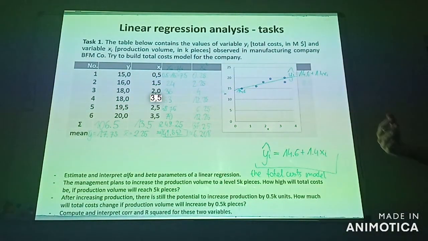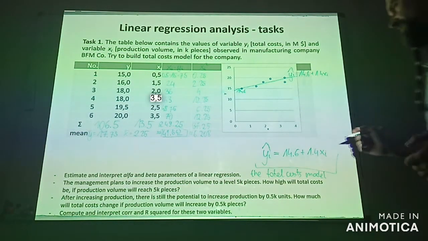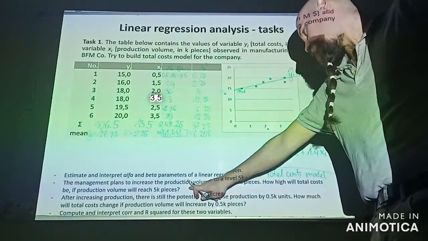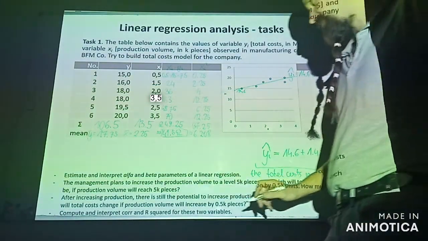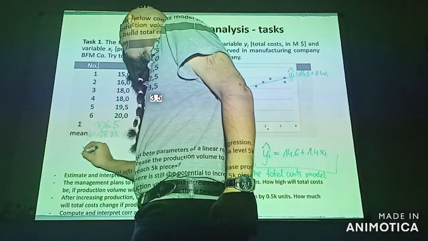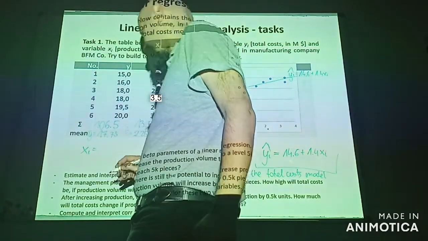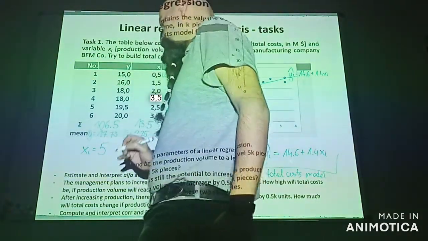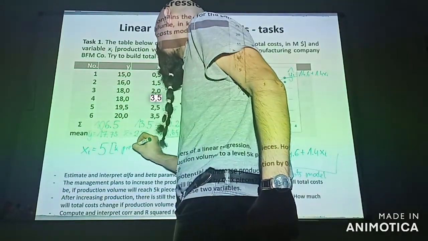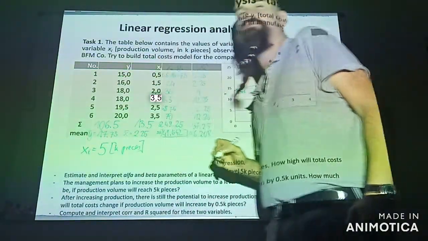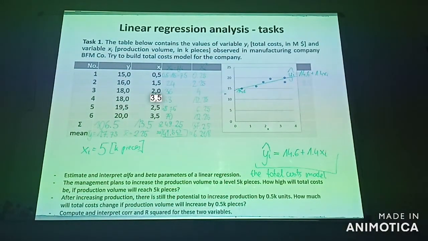So now we are playing a role of financial analysts. Let's answer this question. Production volume at the level of 5,000 pieces. So my production value is 5,000 pieces. I assume that the level of production is 5,000 pieces.